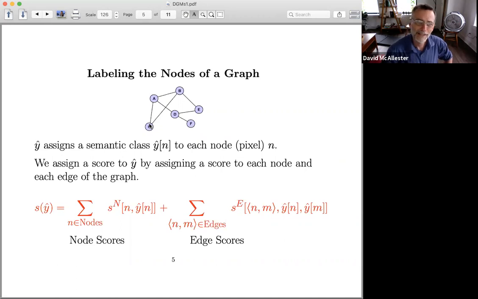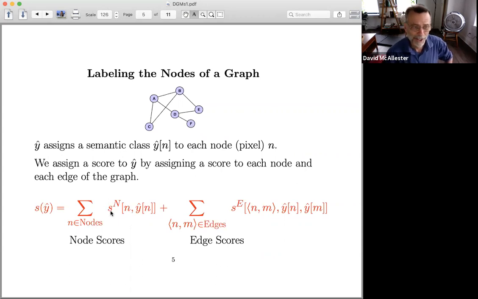We call them unary scores, unary potentials, people will often say, and binary scores or binary potentials. And the score of the complete assignment is the sum over the nodes of the score of that label assigned to that node.